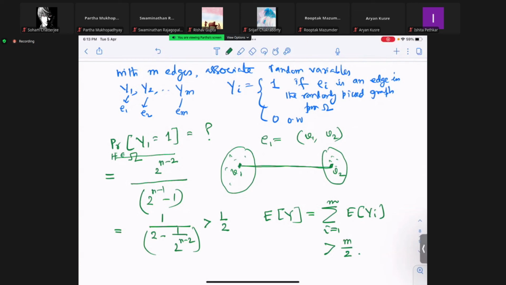Now once you prove that, your conclusion is immediate. That means there exists some bipartite subgraph with at least m over 2 edges. If you don't use the probabilistic method, this kind of argument would be much harder.